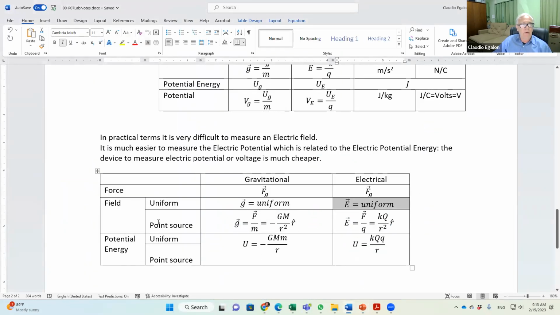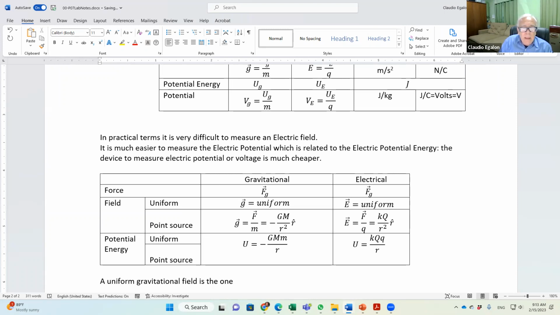So a uniform gravitational field is the one that we experience nearby the Earth's surface.